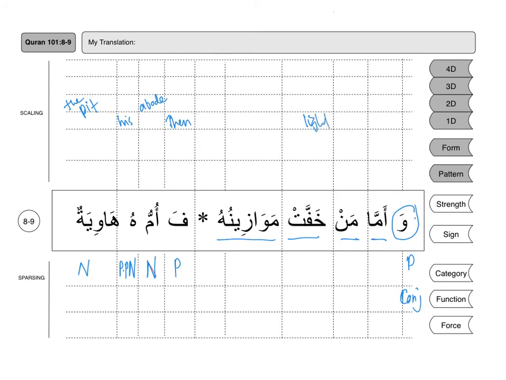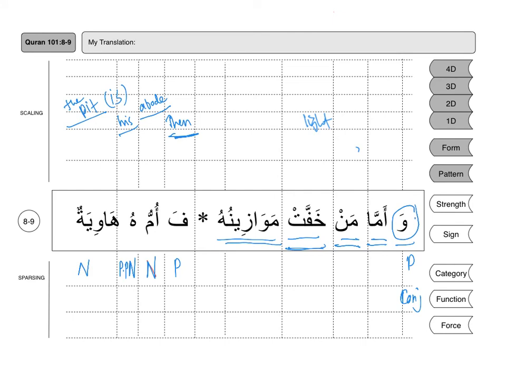Okay, so the translation would be, and as for the one who is light, or the one whose scales are light, then ummuhu, his abode, is the pit. Okay, is the pit or one of the names of hellfire.